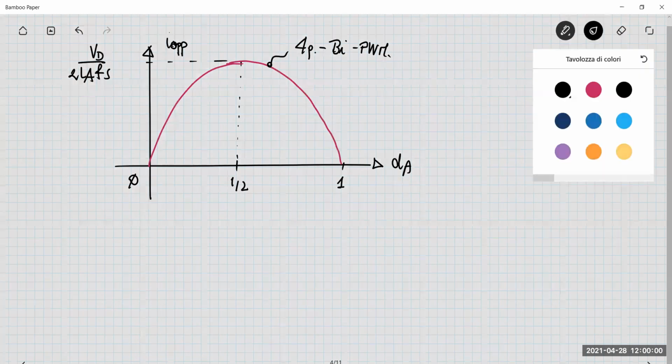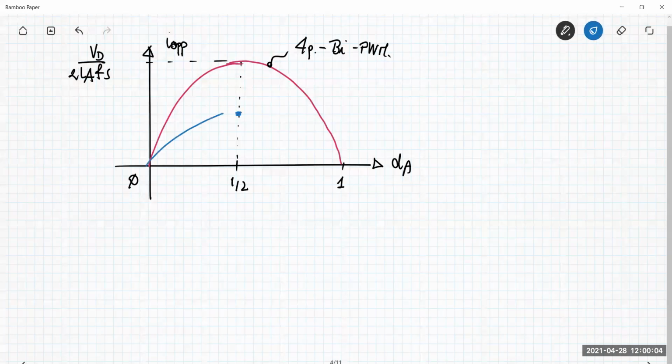And what happens for the two-quadrant converter? You have a similar behavior, but then the maximum value is Vd over 4 La fs. This is for two-quadrant converters.